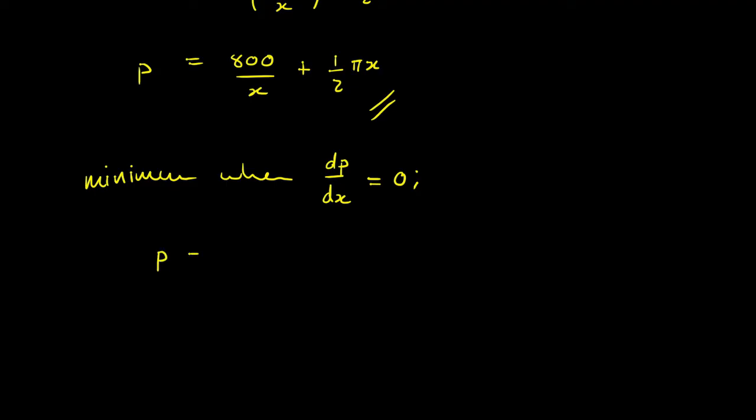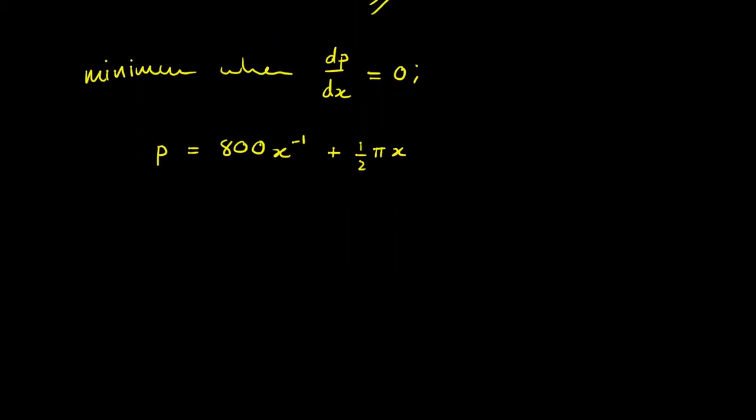So P is equal to 800 x to the power of negative 1, converting it first to indices form, plus a half pi x. Now if I differentiate, I get dP/dx is equal to negative 800 x to the power of negative 2.